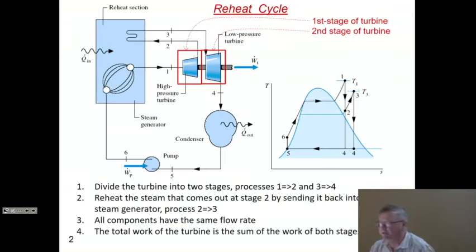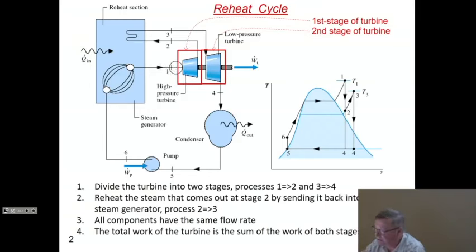So what is a reheat cycle? Well, in a reheat cycle, you start from the steam generator here, and you divide your turbine into two stages, a high pressure stage, a first stage of the turbine, and a low pressure stage, second stage of the turbine.